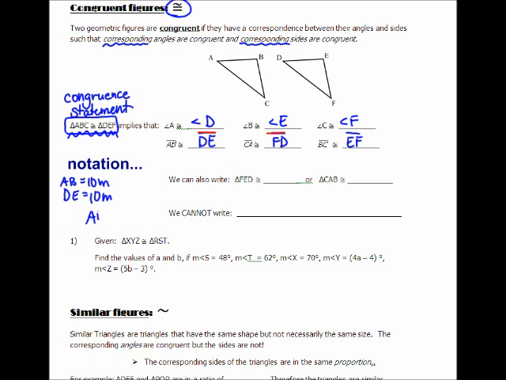So AB's length is equal to DE's length. That means their length. It's a number: 10 equals 10. When I use the congruent notation, it's saying that I'm naming them. I'm saying this side is congruent to this side. It's not talking about their length. So it's actually kind of important.